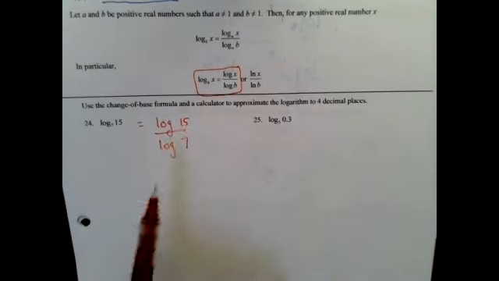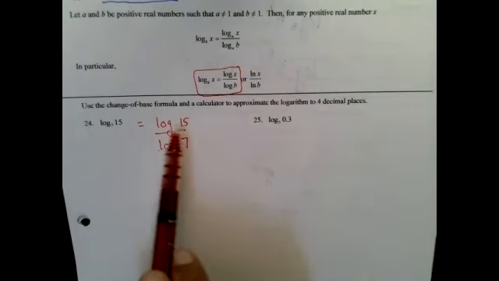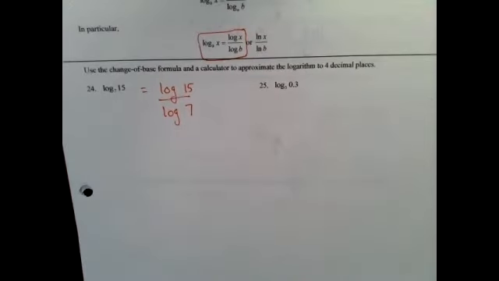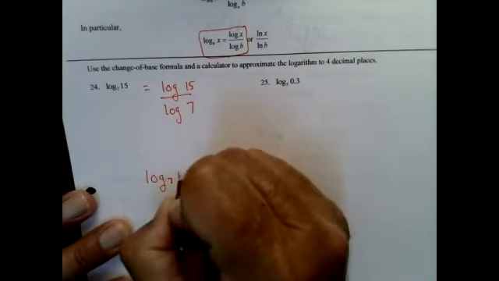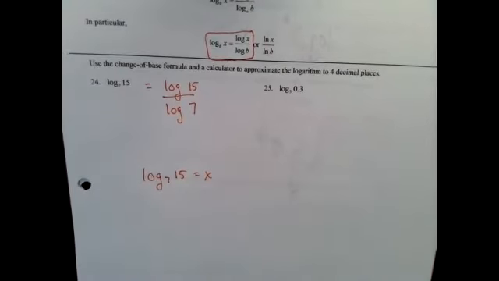Why is that an advantage? I can put this in my calculator. Now, for kicks and giggles, I have log base 7 of 15 equals x. This is where it comes from.